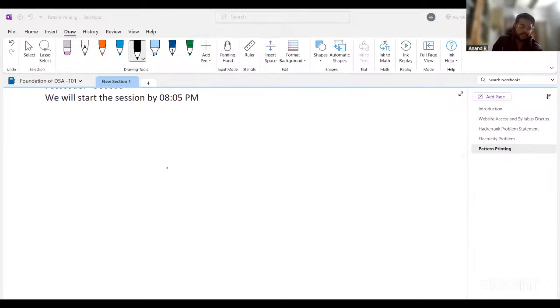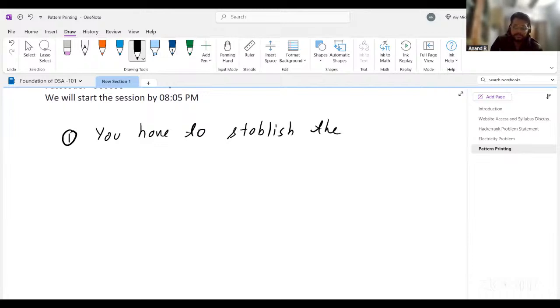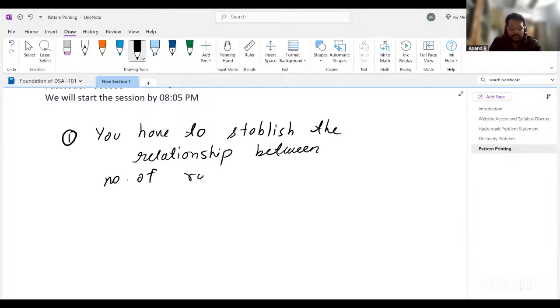Cool. Whenever a problem statement based on pattern printing is given to you, you have to follow certain steps. The first step is to establish the relationship between the number of rows and the value of n.